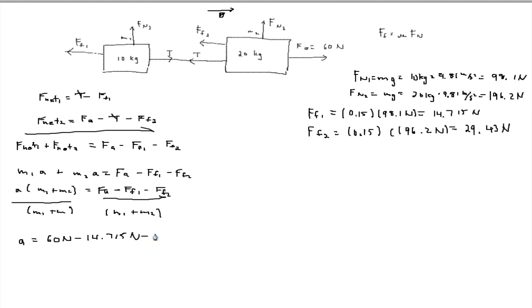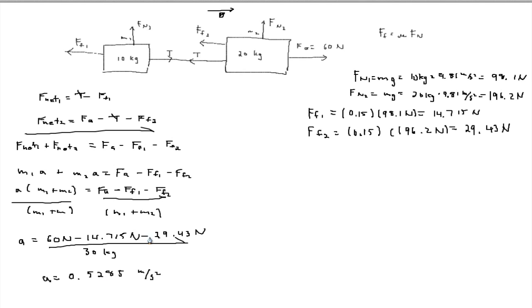And force of friction on mass 2 is 29.43 newtons, divided by the sum of both masses, which is 10 kilograms plus 20 kilograms, which gives us 30 kilograms. And when we plug that into the calculator, our acceleration of the whole system will be 0.5285 meters per second squared. And we won't really worry about the significant digits until the final answer.